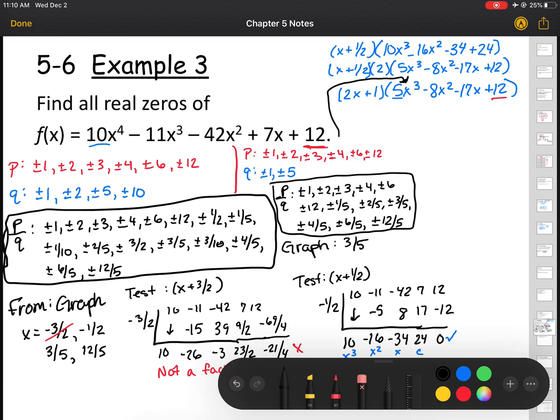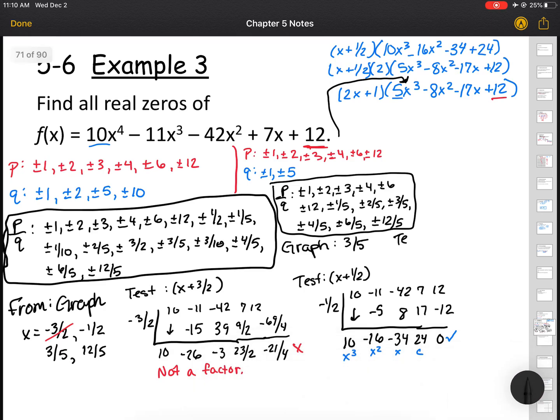Okay, so with 3/5, we're going to test it as x minus 3/5. Okay, and we have all of the coefficients there.